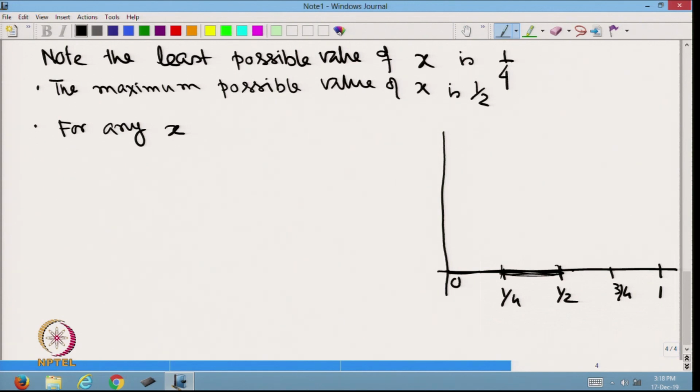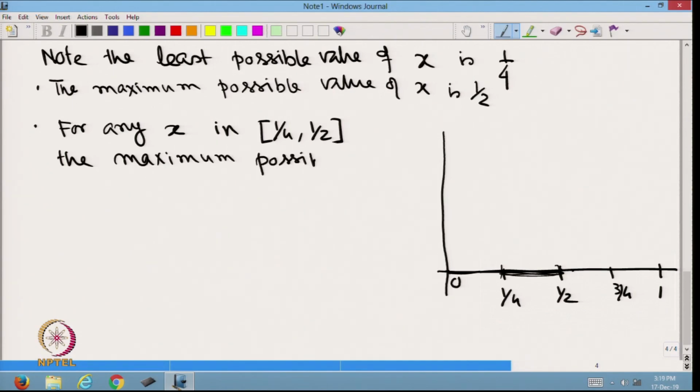Now, for any x in this range, the maximum possible value of y is 3 by 4, because if y is above 3 by 4, then the third segment is going to be of length less than 1 by 4.